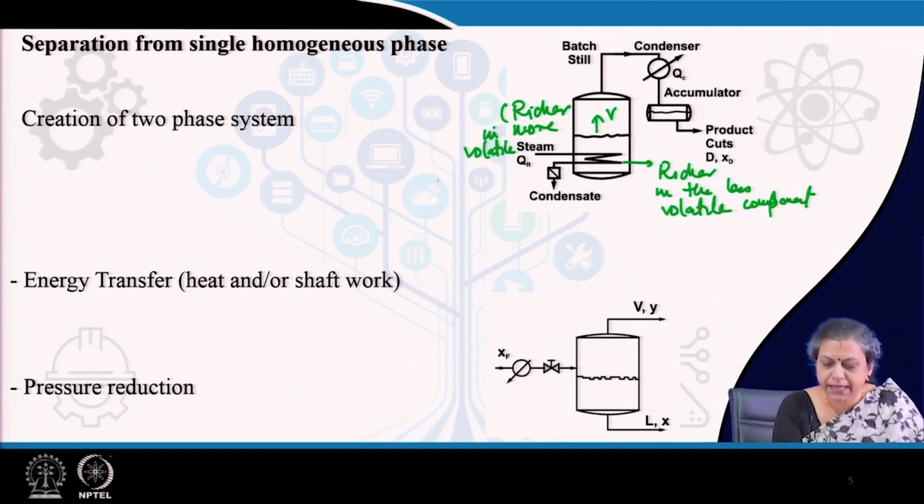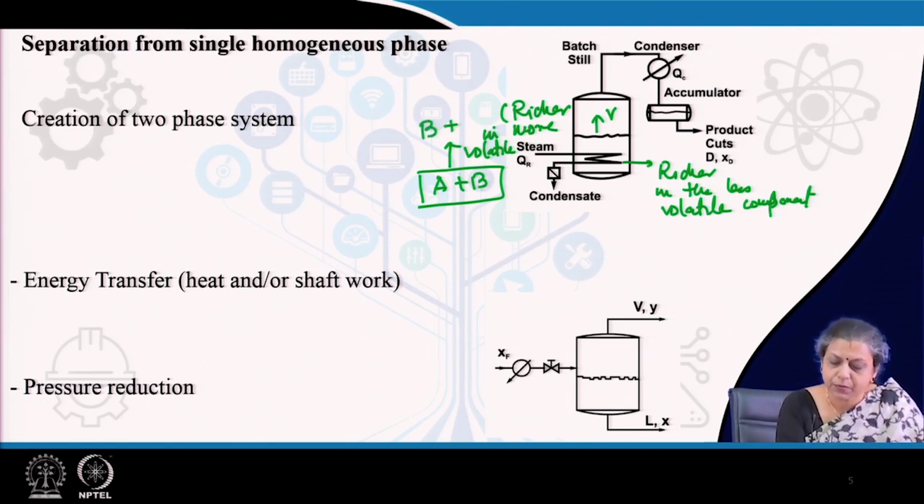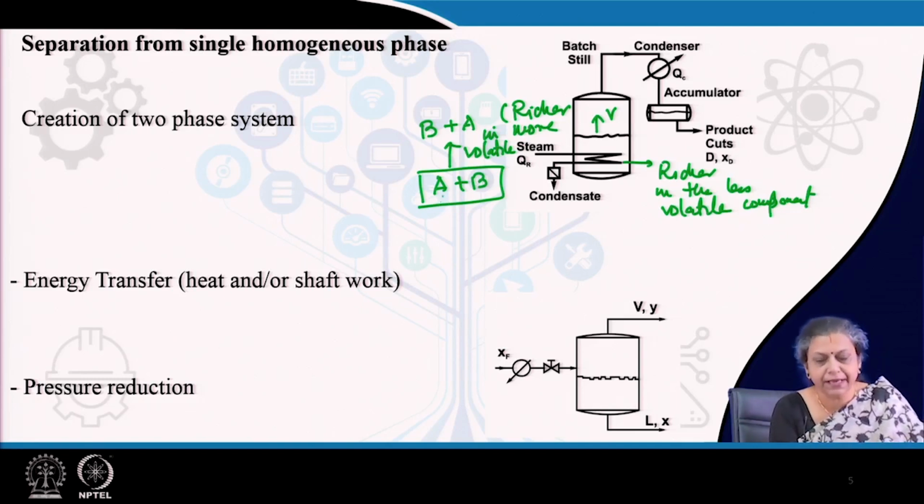Among A and B, the example which I was citing, suppose B is the more volatile component. Definitely in the vapor we will have both A and B, but a greater proportion of B and a lesser proportion of A, and the liquid lying here will naturally be richer in A, having a lesser proportion of B, right.